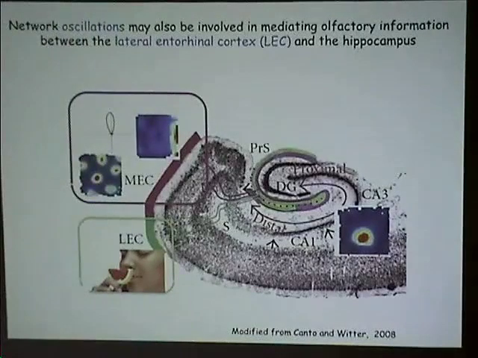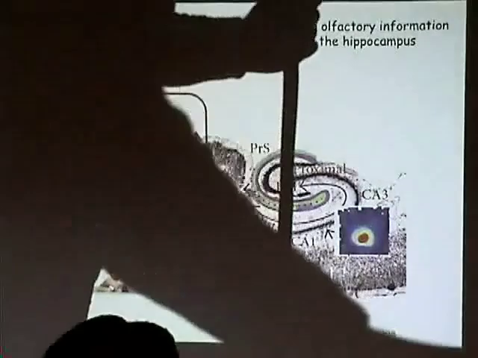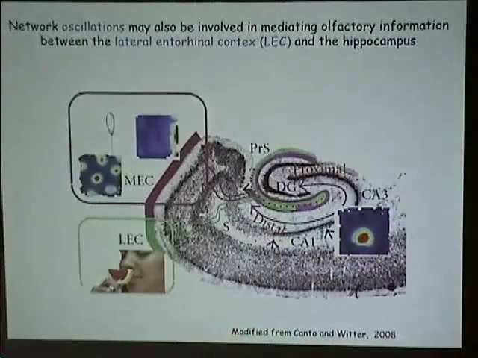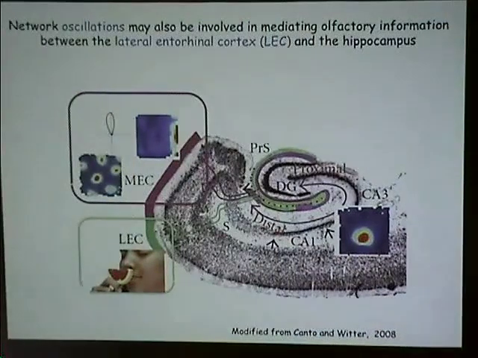So what I want to talk about is the lateral entorhinal cortex, which we so far have largely ignored, and which is a major input to the place cells as well, and which is quite different in many ways.